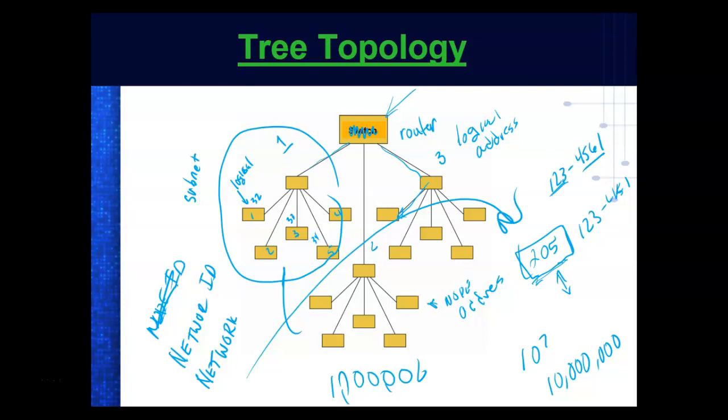Now on the internet, these are assigned by the Internet Assigned Names and Numbers Authority. These are managed by that. So your network IDs are managed by that guy, and that's the administrator of the network. Now we subdivide that into countries.